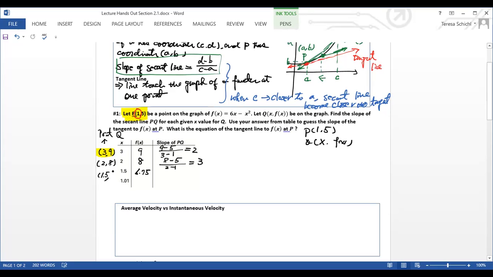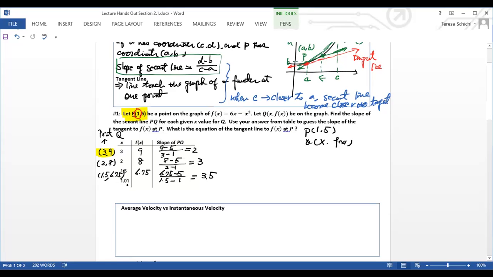So this is my other point, (1.5, 6.75). Now you plug in and see what the slope is: 6.75 minus 5 over 1.5 minus 1, and I have 3.5 here.